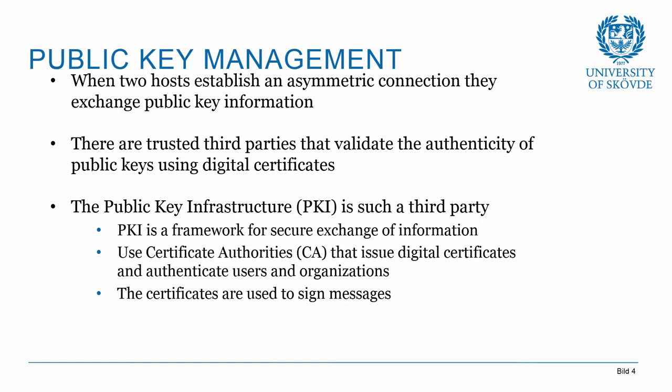One such third party is the public key infrastructure, which is a framework for secure exchange of information. They work around certificate authorities that are basically authoritative services that issue digital certificates and authenticate users and organizations. Those certificates are then used to, for instance, sign messages.